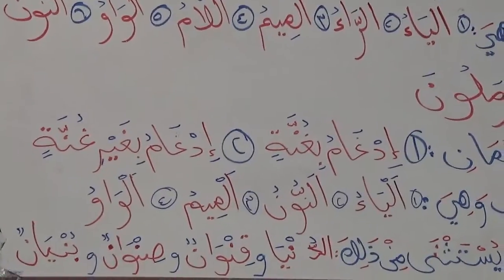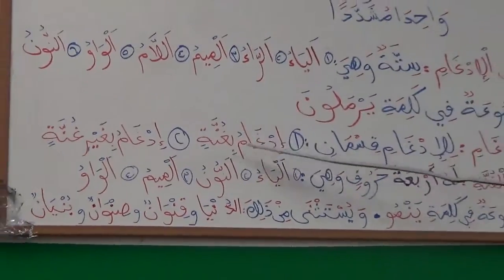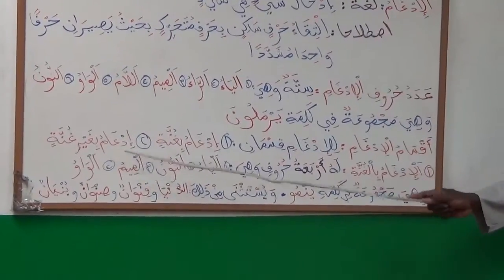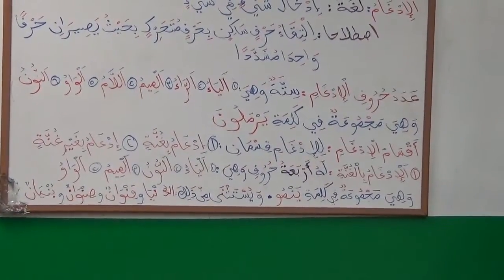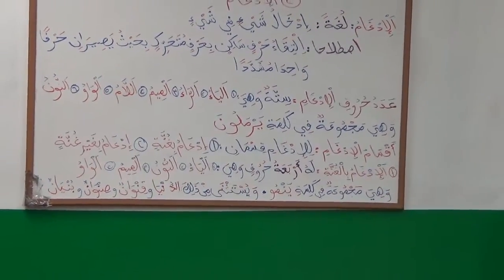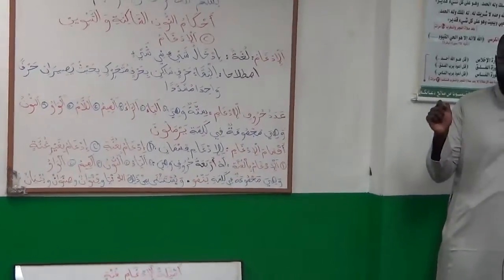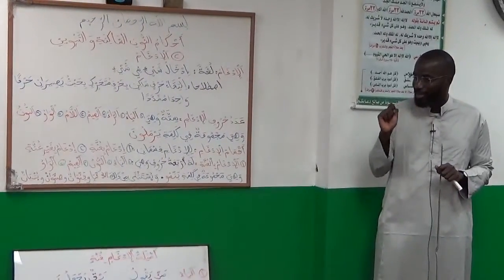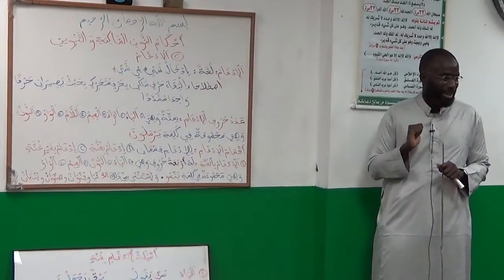One in which I will have to spend time because of the ghunna, and one in which I will not spend time because it does not have a ghunna. But one thing for sure will happen: I will take that noon that has a sukoon, or that tanween that implicitly has a noon that has a sukoon, and put it in one of the letters.